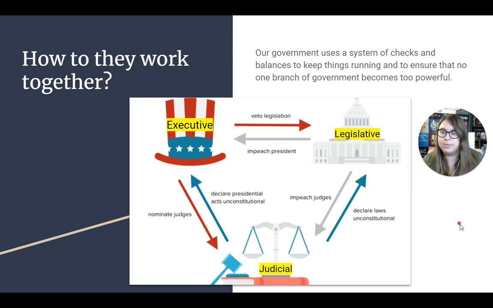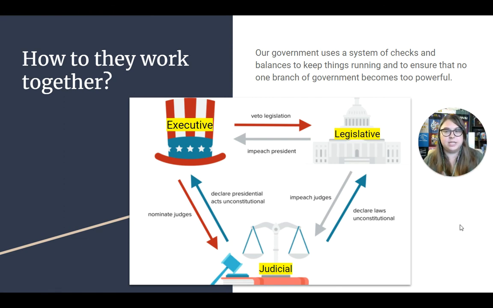So when we talk about what we have gone over today, we have a lot of information that we can fill in on our KWL for what I have learned. We have talked about the 3 branches of government: the legislative branch, the executive branch, and the judicial branch. We've talked about the fact that the legislative branch, their goal is to create the laws.